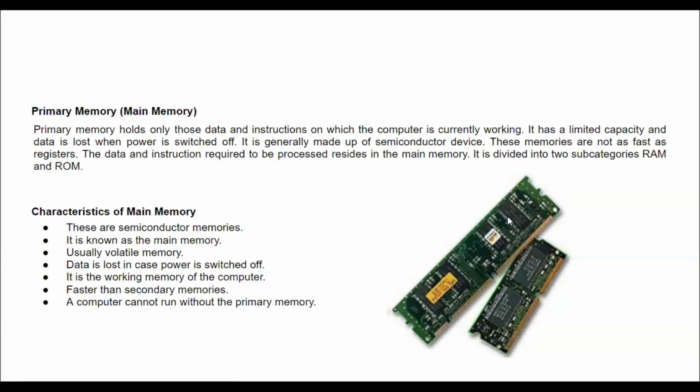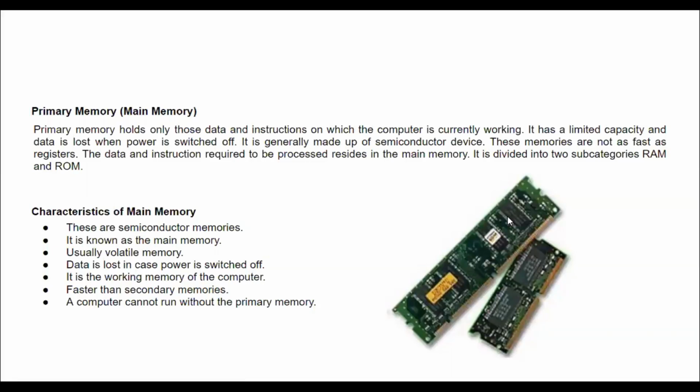It is generally made up of semiconductor devices. These memories are not as fast as registers. The data and instructions required to be processed reside in the main memory. It is divided into two subcategories, the RAM and ROM, which are the random access memory and read-only memory.